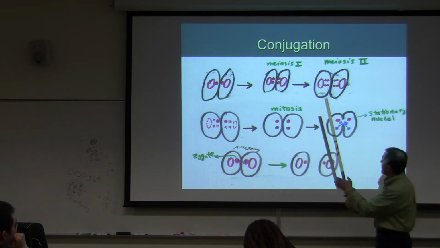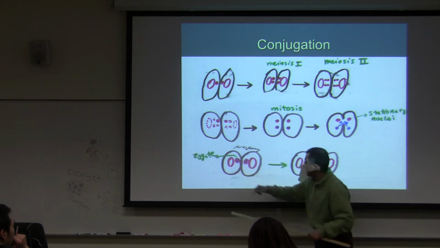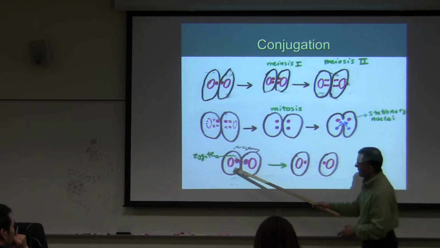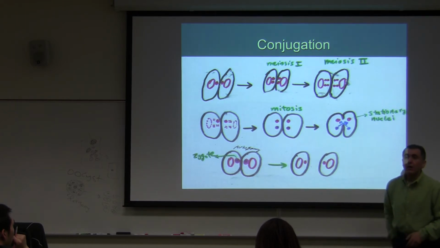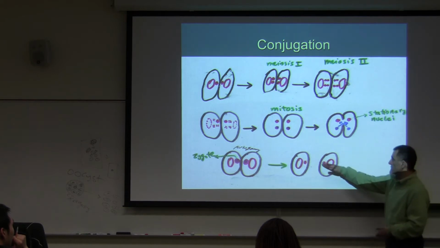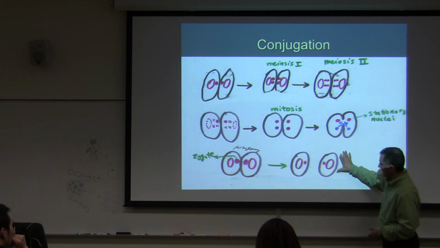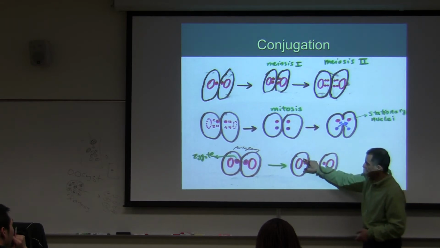And then, of course, they close the membrane here, they separate. This is called conjugation. When this one goes here and that one goes there, the macronucleus reappears, and then each one of these will undergo binary fission. When this one undergoes binary fission, you have 2 cells. These 2 cells are exactly alike. When that one undergoes binary fission, these 2 cells are exactly alike.